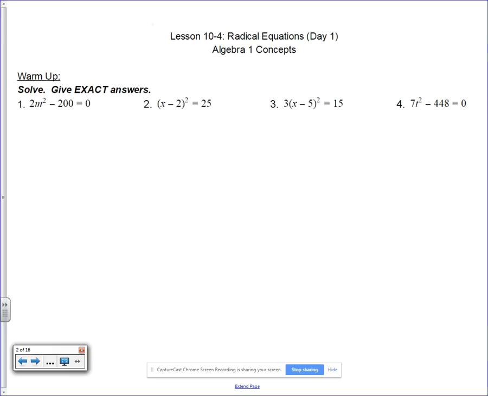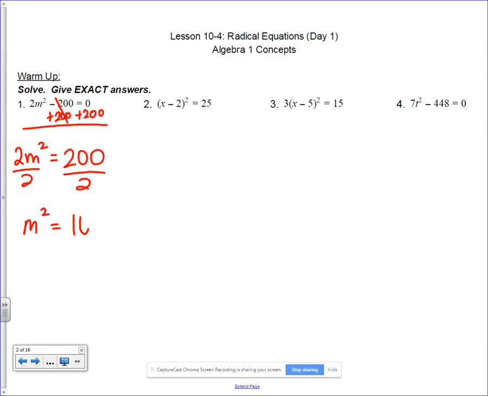Everybody good? Okay, so how do I isolate the m in number 1? What do I got to get rid of first? I got to move that 200 over. Once you do that, it looks like that. Now what? So now it looks like that.